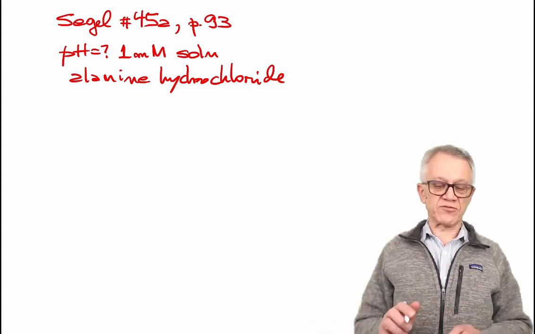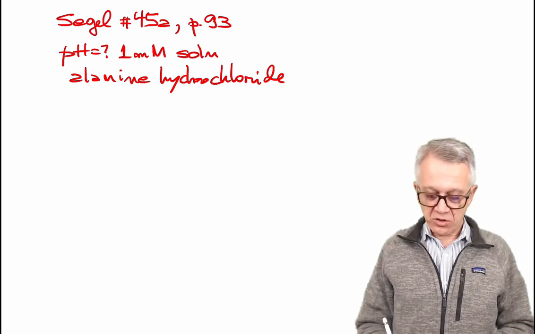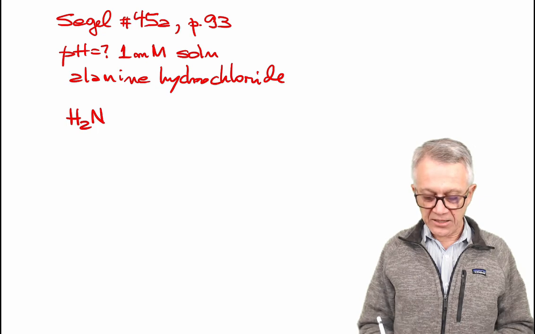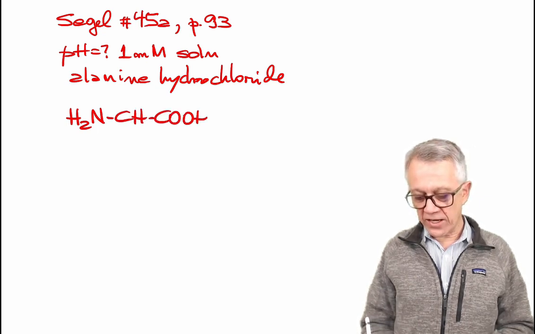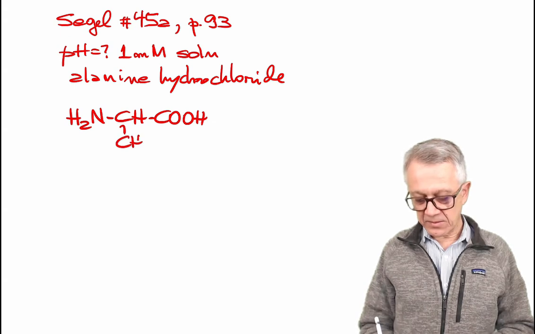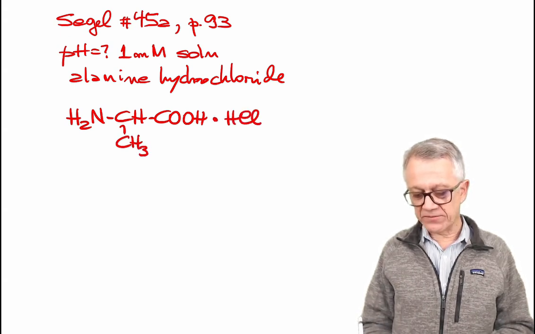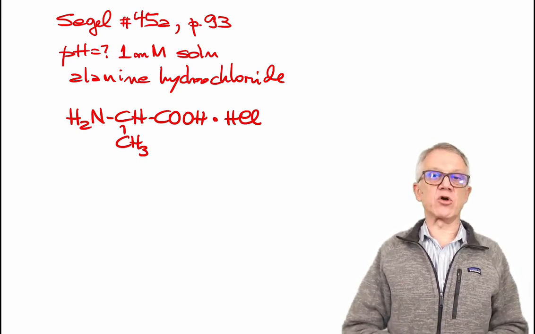So if you search, for example, alanine hydrochloride in PubChem, you are going to get that the formula is H2N CH ... dot HCl. So that's the form of hydrochloride, amine hydrochloride.